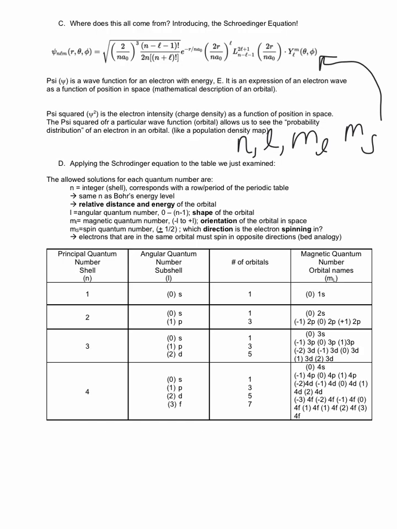So after we've established our n, which is our shell, the angular quantum number, or quantum number 2, l, tells us the subshell. The subshell is basically our type of orbital.